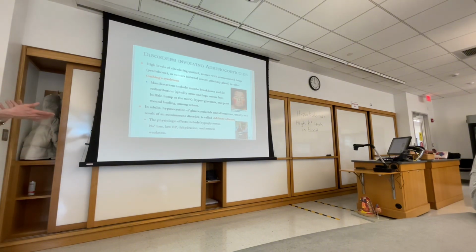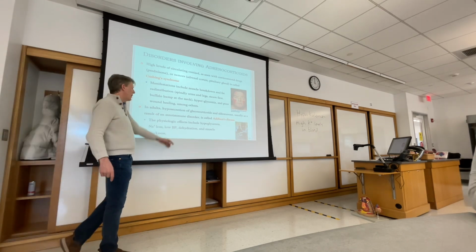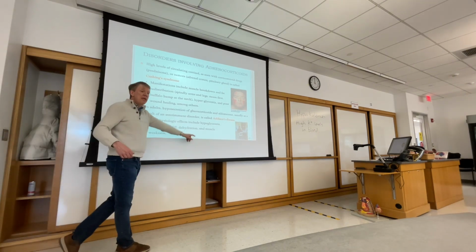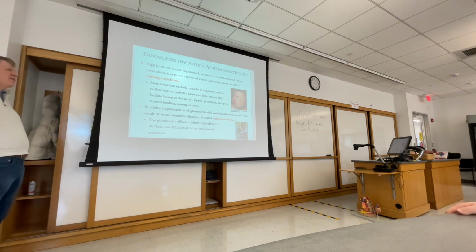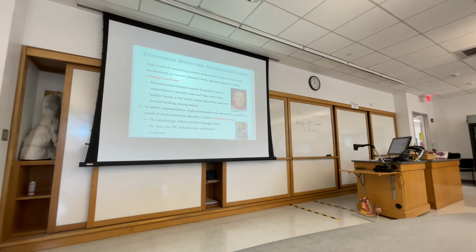If you're not doing that, then your blood pressure is going to probably run low. As you pee out more water, you're going to become dehydrated. As you start to change electrolyte levels, such as potassium and sodium, that can lead to problems like muscle weakness. Okay? If I had to pick between the two, I guess I'd rather have Addison's disease, but it's still not an awesome disease to have.